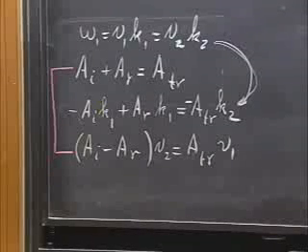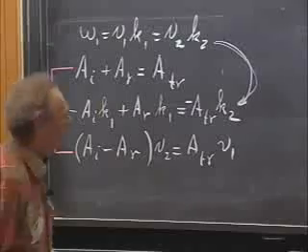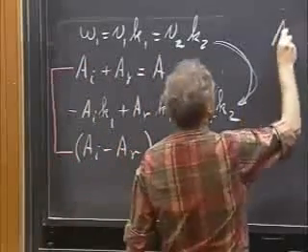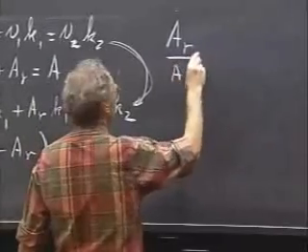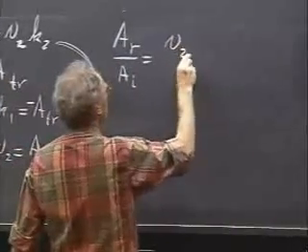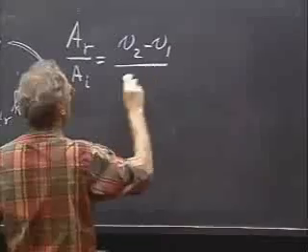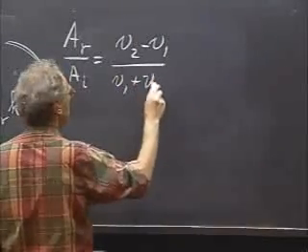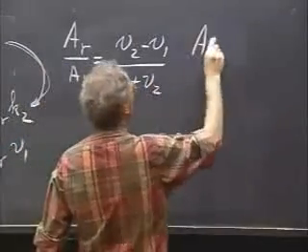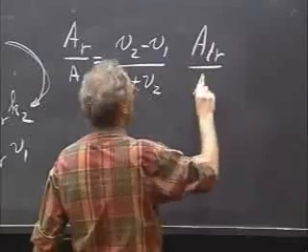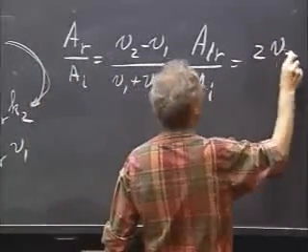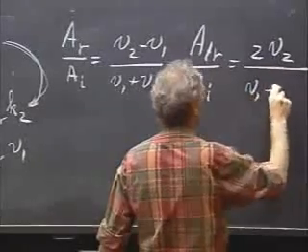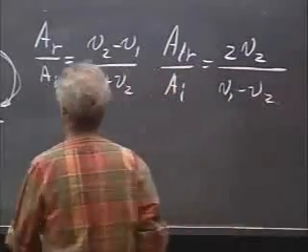And what comes out of that, this is also worked out in French, is that the reflected amplitude over the incident amplitude is V2 minus V1 divided by V1 plus V2, and A transmitted divided by the amplitude of the incident one is 2V2 divided by V1 minus V2.